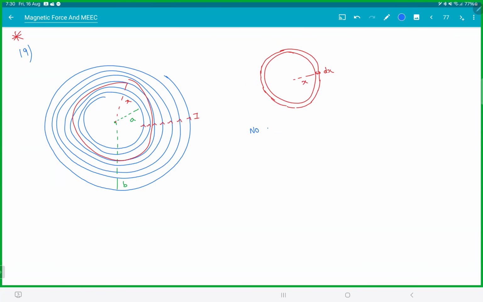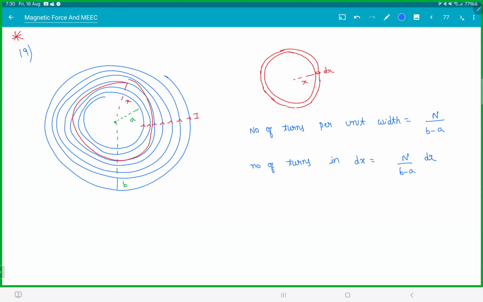First we'll define the number of turns per unit width, which will be n by b minus a. So the number of turns in this dx segment will be n by b minus a into dx. This is how you bring dx into the picture.